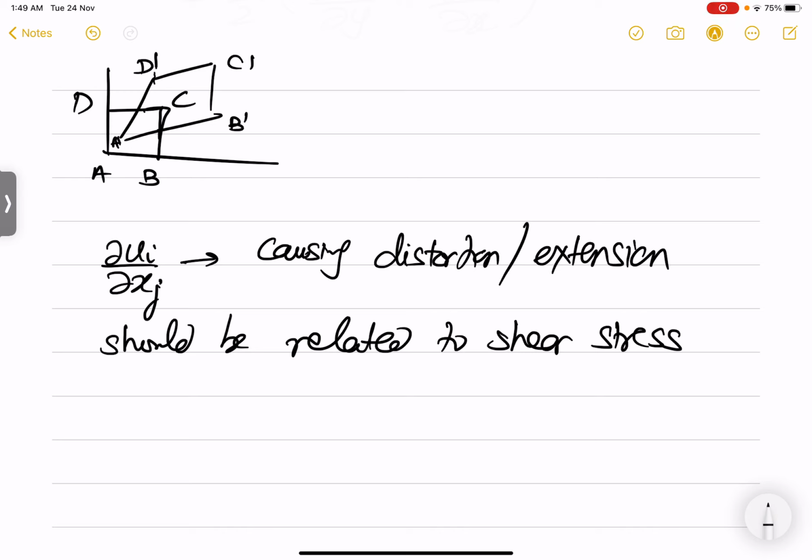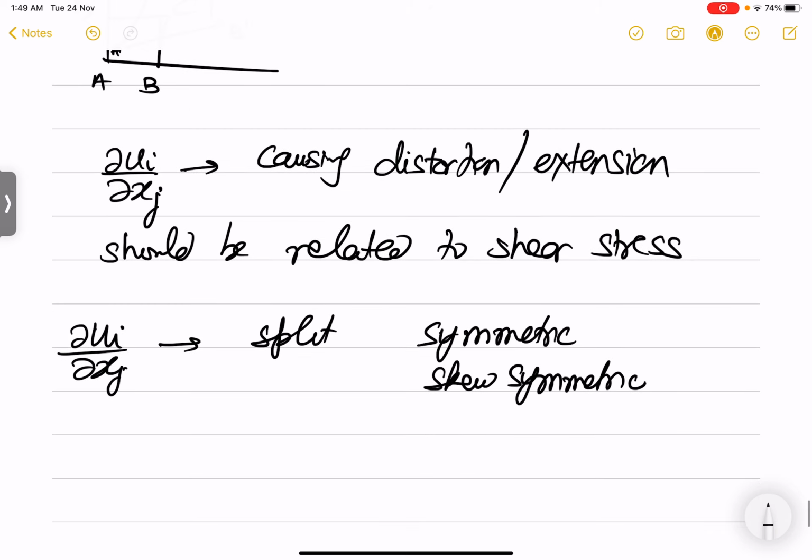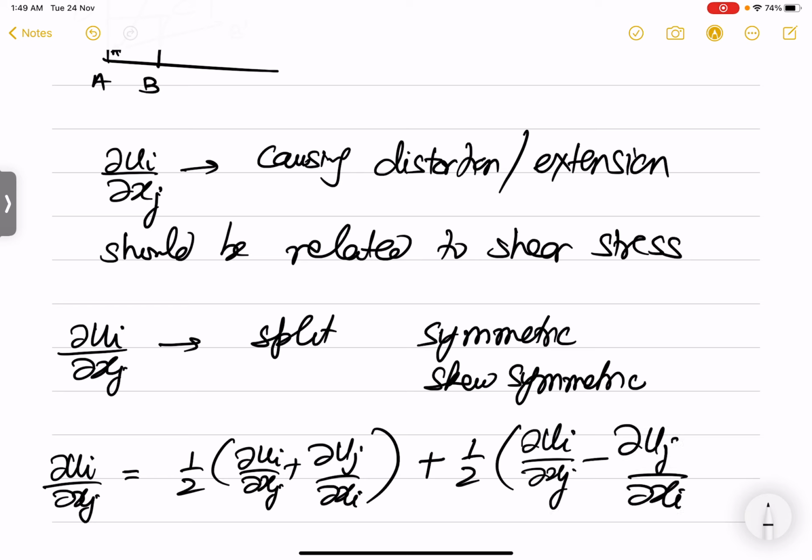And what we see is, if I take this dui by dxj and split it into a symmetric part and a skew symmetric or anti-symmetric part, then I can write dui by dxj as equal to half of dui by dxj plus duj by dxi plus half of dui by dxj minus duj by dxi.